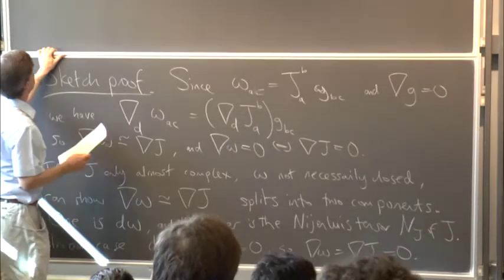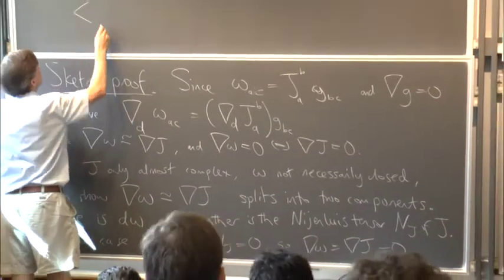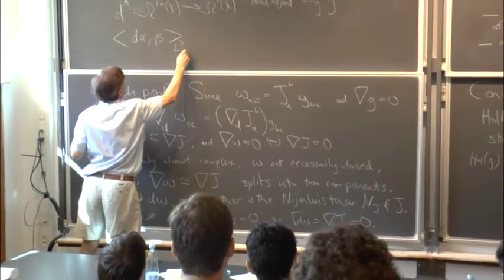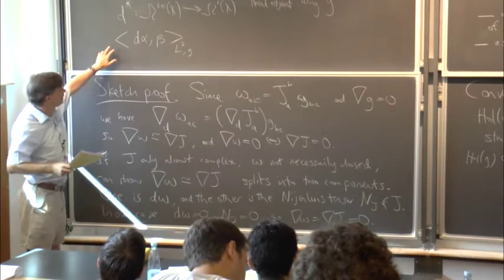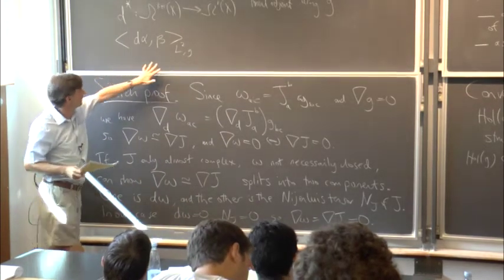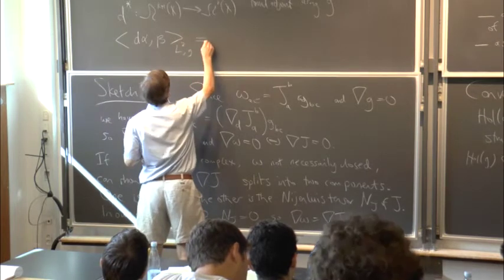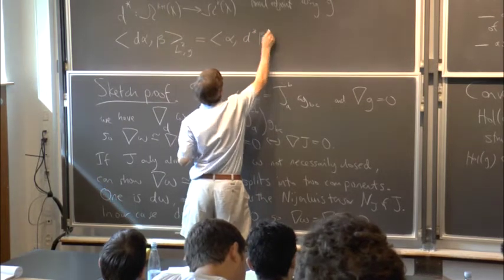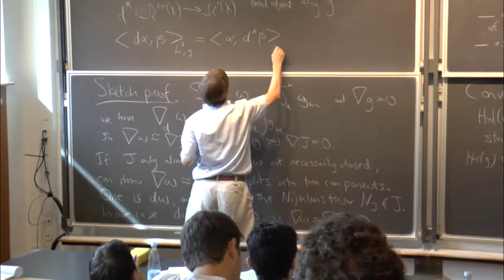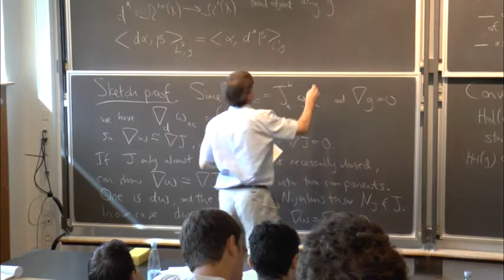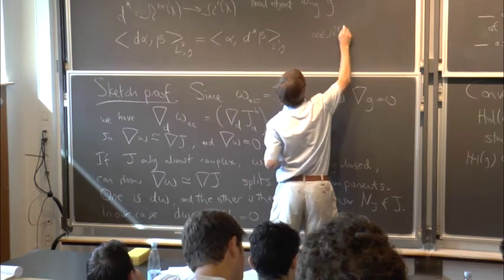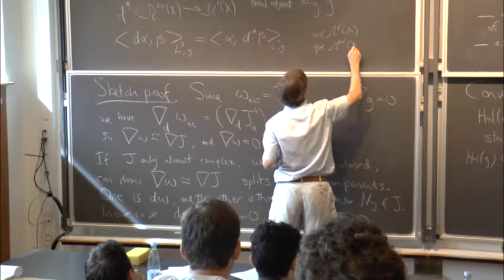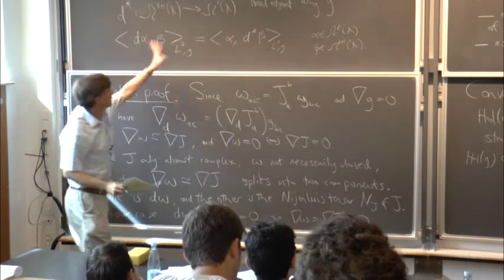The defining property is that the L2 inner product between dα and β, formed using g, is equal to the L2 inner product of α and d*β, for α a k-form and β a (k+1)-form.